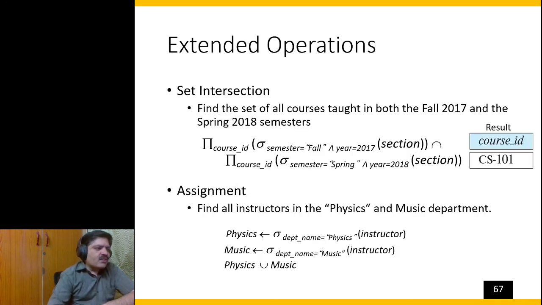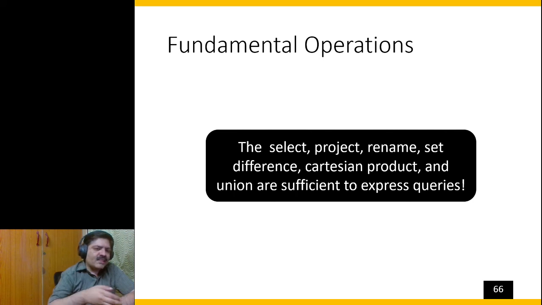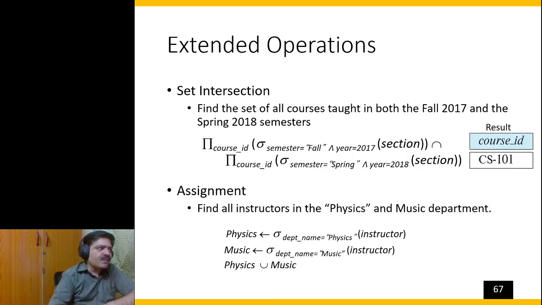But as we saw in the example of finding the highest salary, often using these fundamental operations to come up with most of our real world query needs can be quite complicated. And to avoid those complications, we introduce some extended operations which can be derived from these fundamental operations.